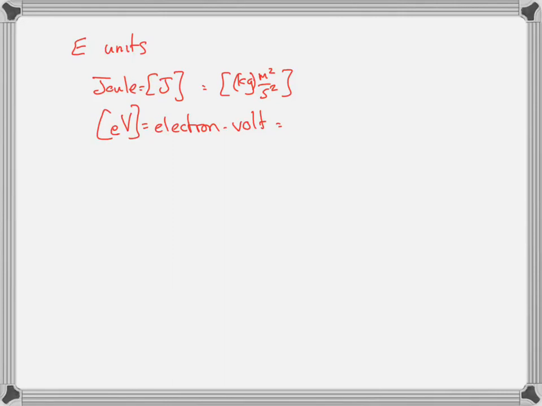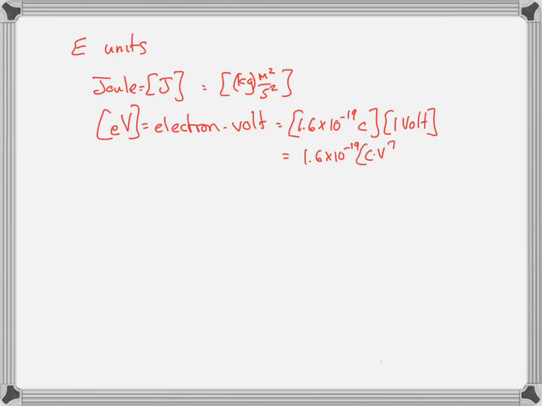E is the charge of an electron, right? It is literally an E times a volt. The charge of the electron is 1.6 times 10 to the minus 19 coulombs times 1 volt. That's what an EV is. And so that gives you 1.6 times 10 to the minus 19 coulombs times volts. That's the unit.